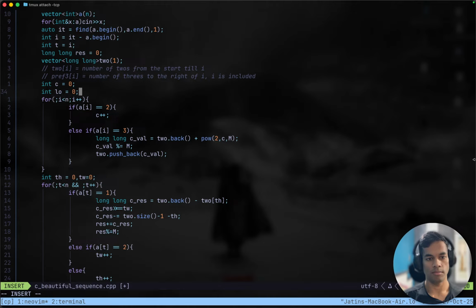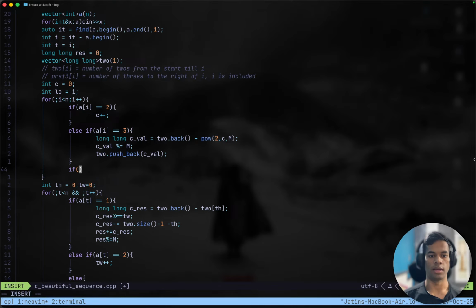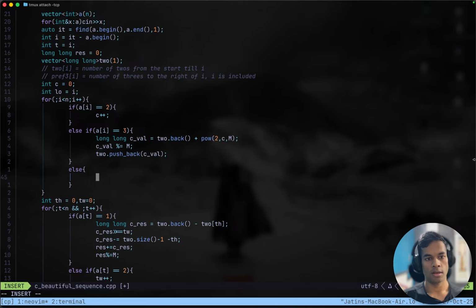LO, the last time that we see a 1. So here LO initially equals P or I right here, and else, which is the only last possibility, LO equals I. And here we will not go past the last time that we see a 1 ever.